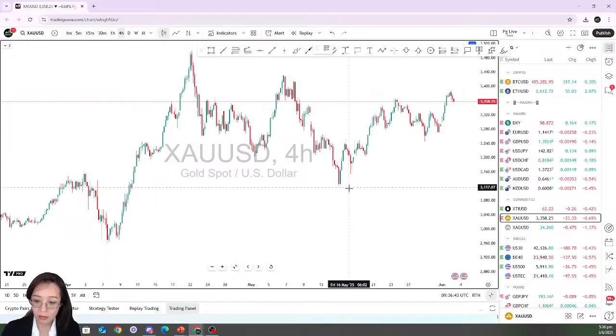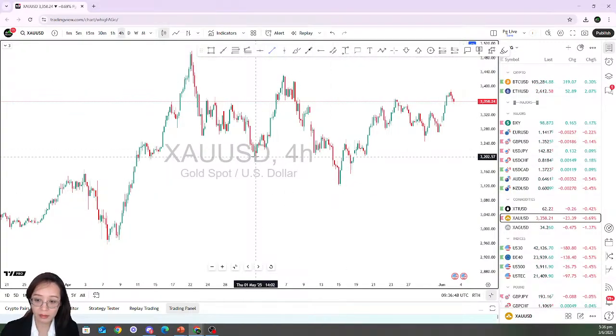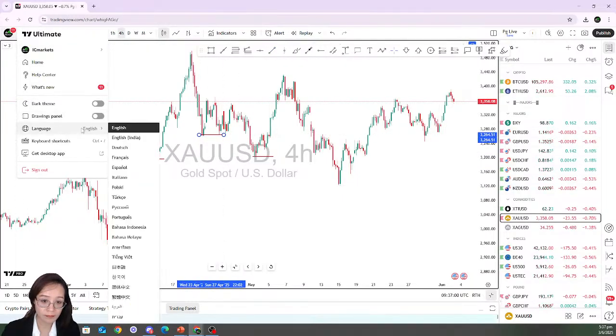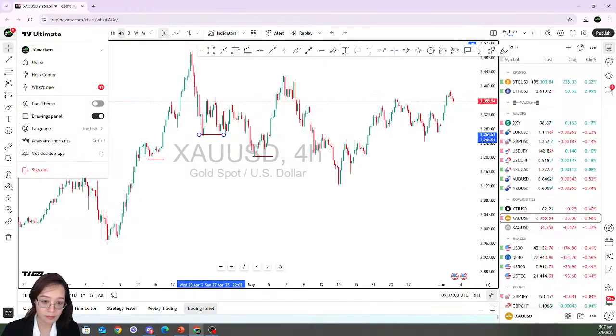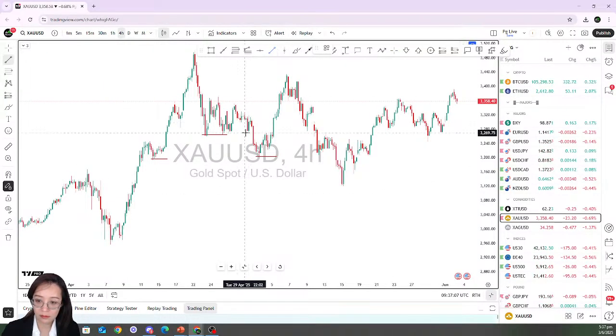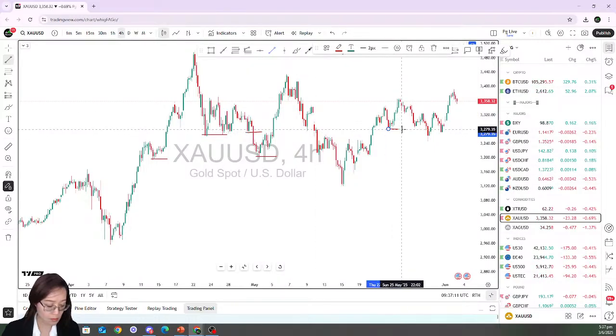So you could identify this one as your support level. This one you also identify as your support level. This one you also can identify as your support level, right? Like this one, this one as well.